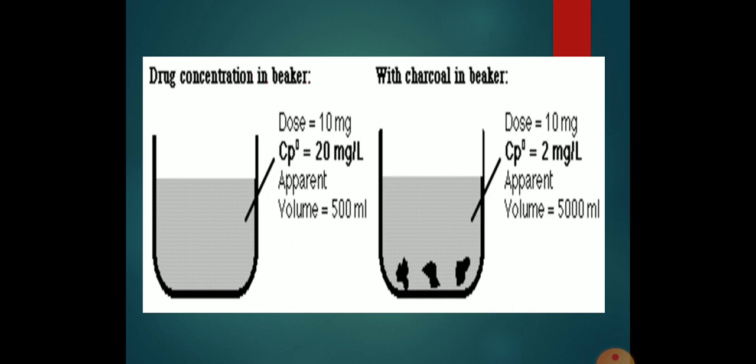One more thing is important in relation to the apparent volume of distribution, that is passage across placenta, because pregnancy is one of the most important physiological phenomena happening in our life. So, the placental membranes are lipoidal and allow free passage of lipophilic drugs while restricting hydrophilic drugs.